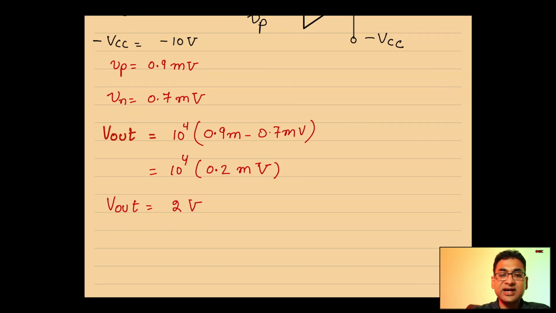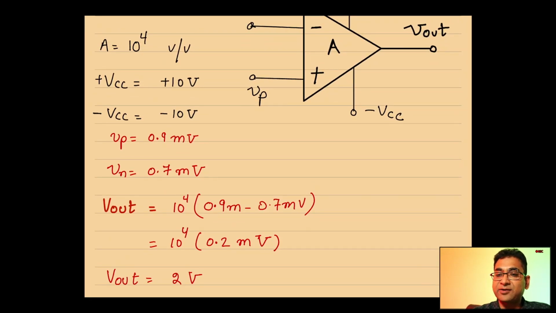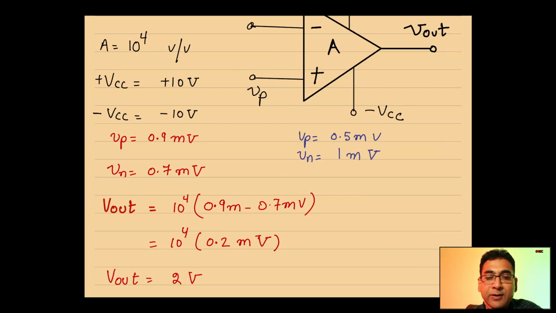Simple, right? So let's plug in a different value. We are just throwing numbers as we please. Let's pick a value for Vp equals 0.5 millivolts, and a Vn value equal to 1 millivolt. What would your output be in this case?